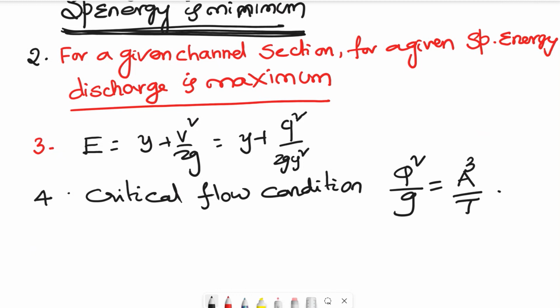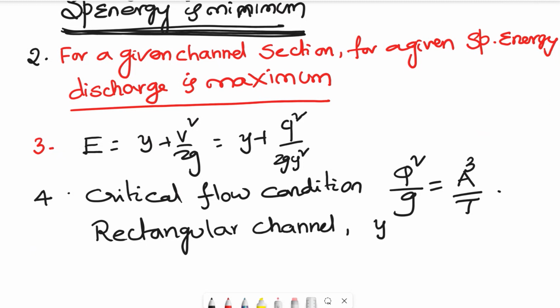Here itself I can write for rectangular channels, the critical depth yc is equal to q square by g whole to the power of 1 by 3, where q is equal to Q by b.